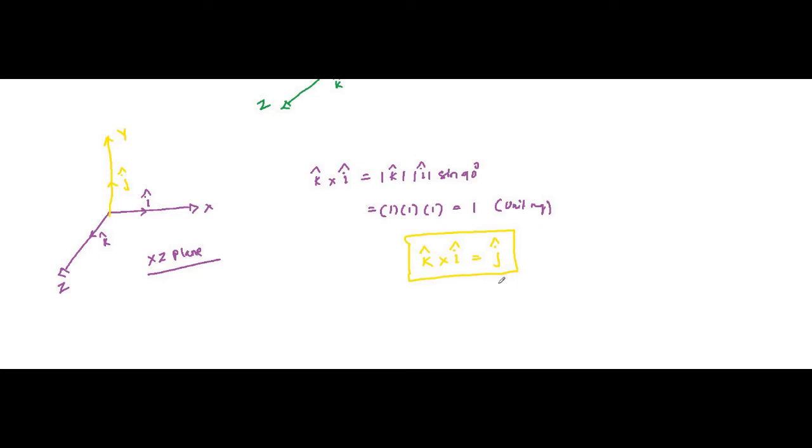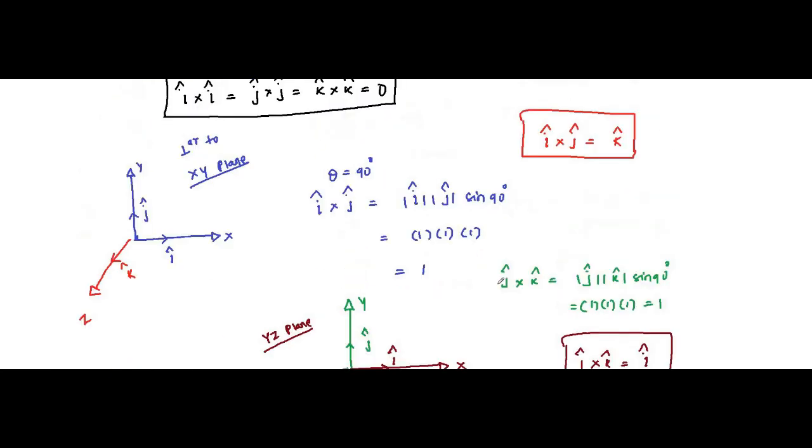Now if we change the order of the vectors, let's say we do j cap cross i cap.